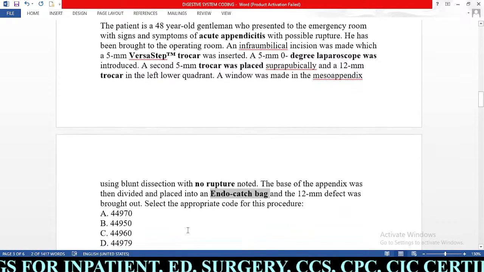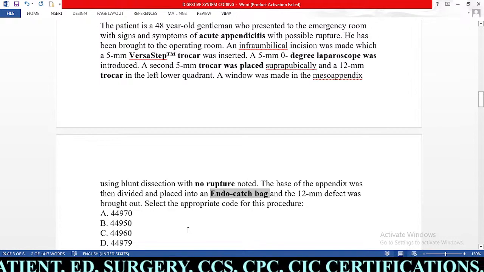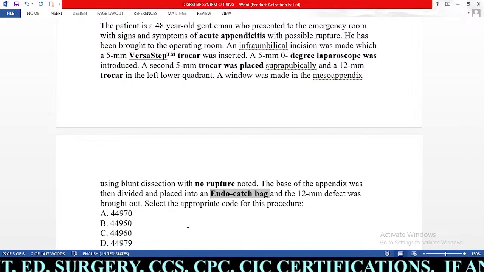Select the appropriate code for this procedure. So what are the codes here? We will check 44950. What is that?